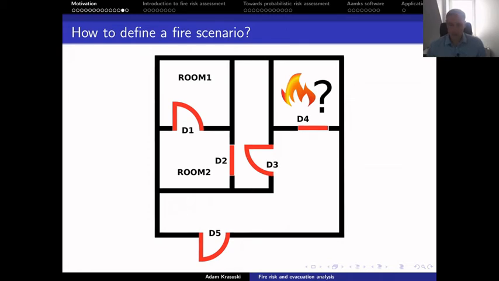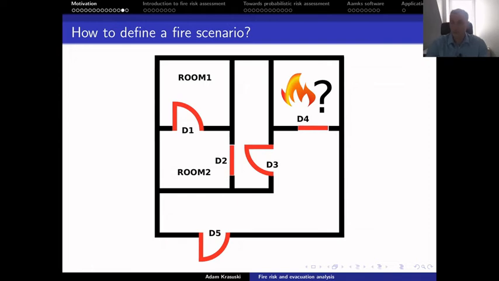What is even worse, so far we have discrete parameters: doors can be open or closed, fire can be in this room or not. But in the case of fire definition, we have continuous parameters, which can take any value from the defined set.